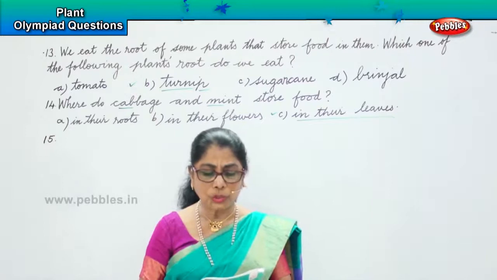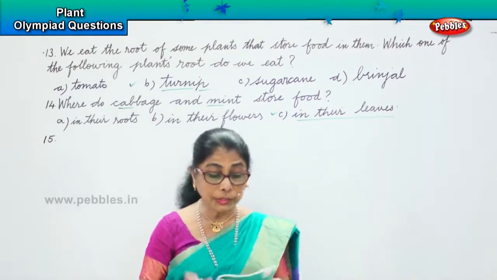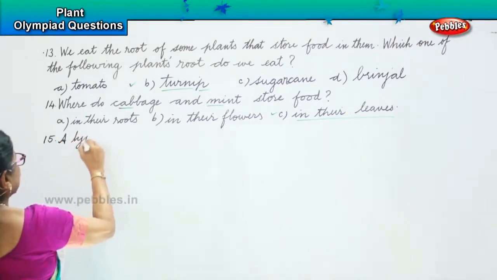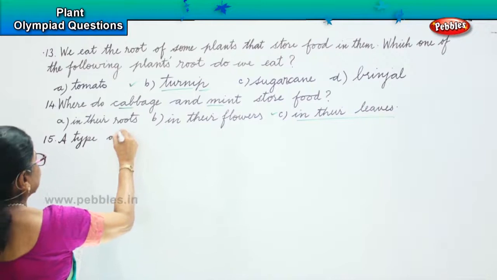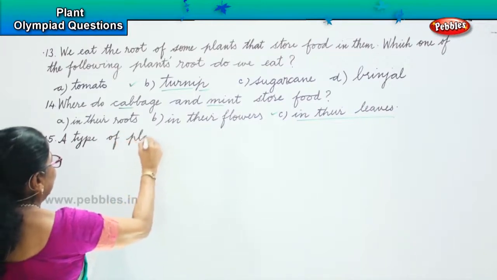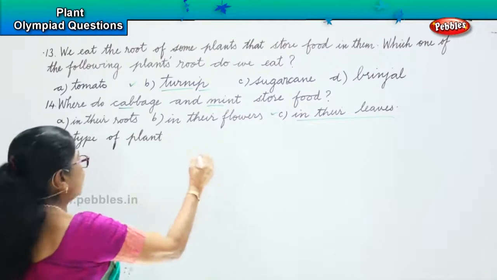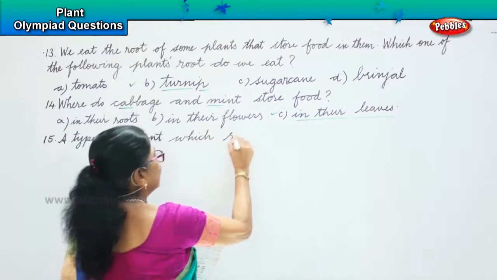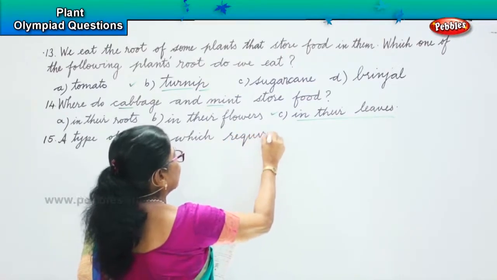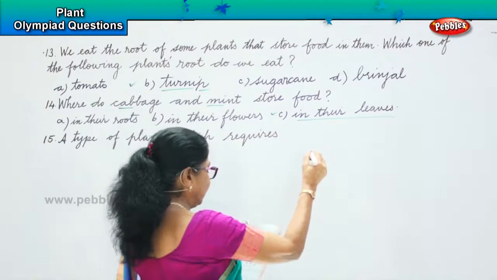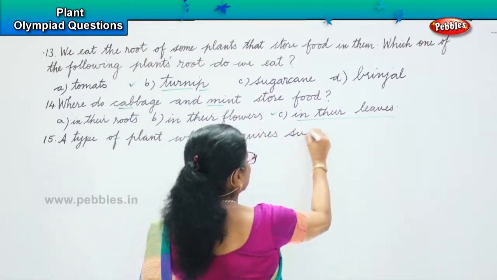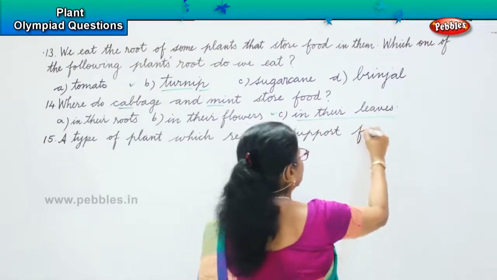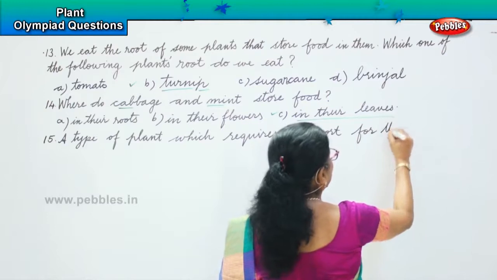Our 15th question. A type of plant which requires support for the growth is called. A type of plant which requires support for their growth.